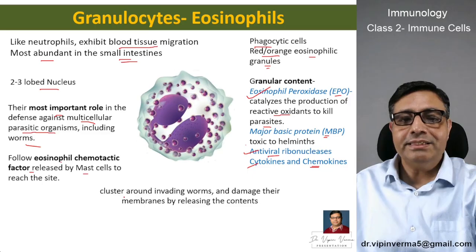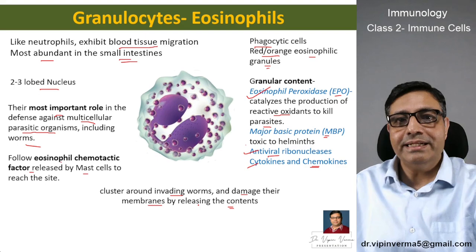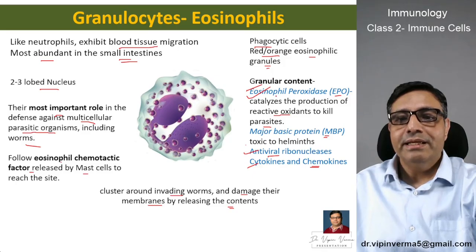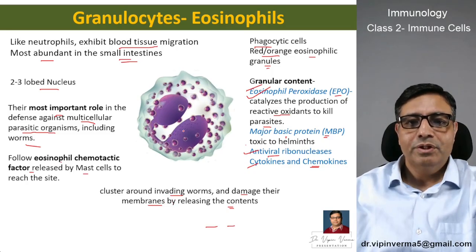And they cluster around invading worms and damage their membranes by releasing the content. So their strategy is very clear. Whenever there is a parasite, these cells will cluster around the parasite and release the content. The content contains a number of important and very potent substances like eosinophil peroxidase and the major basic protein, which are toxic, and they damage the membranes, and ultimately the degradation of the membranes causes the death of the worms.